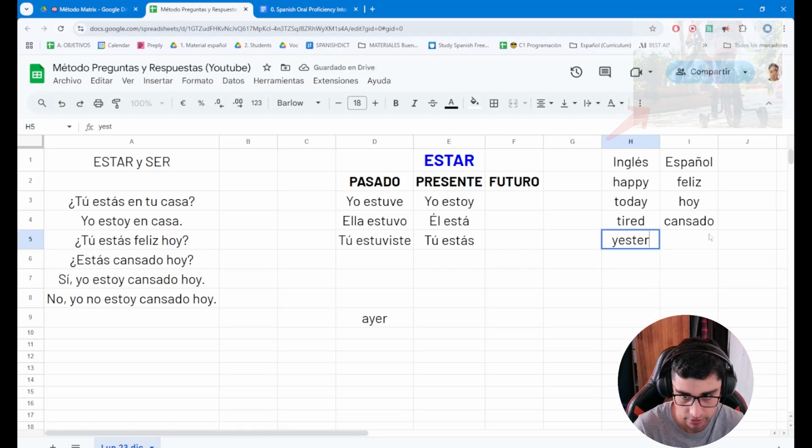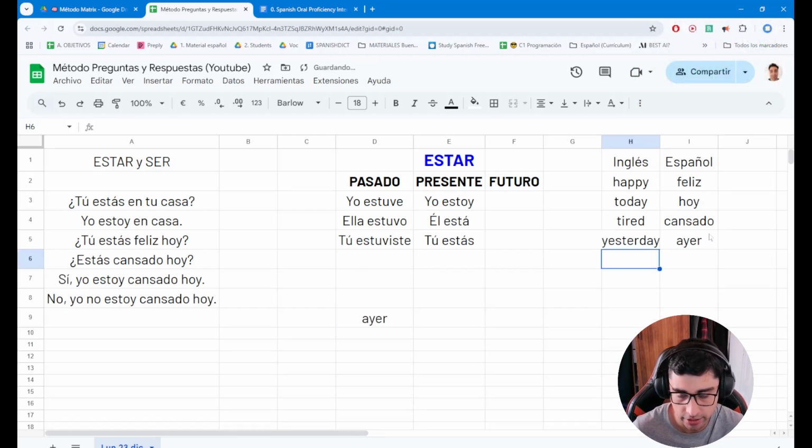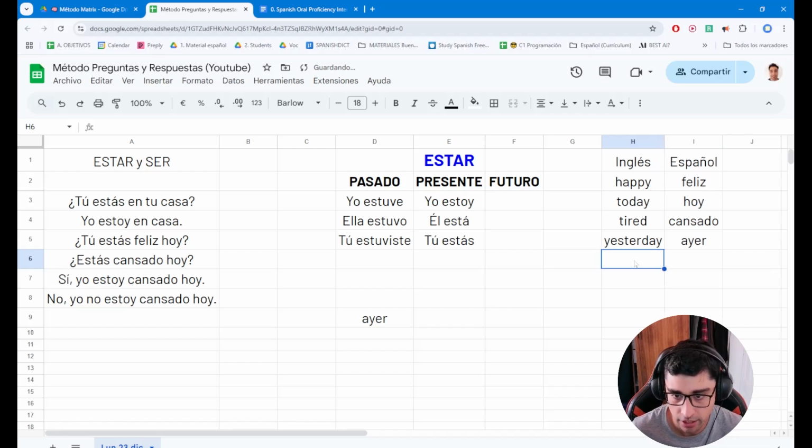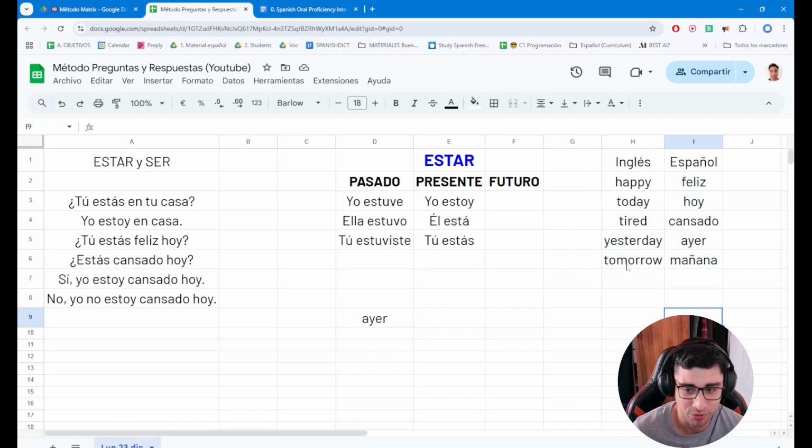Okay? Yesterday means ayer. Okay? And tomorrow means mañana. Let's suppose you don't know this vocabulary. Maybe you know, or you know this. Okay? I'm going to adapt to the level of my student, of course. Okay?